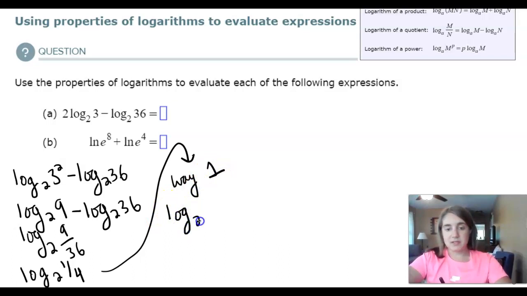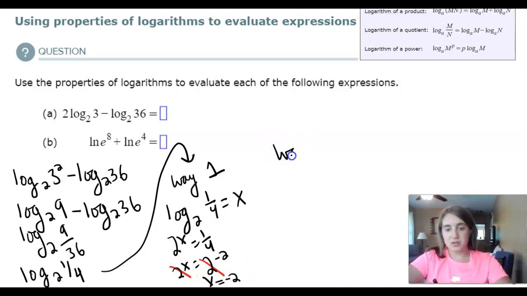I think log base 2 of 1/4 equals x. 2 to what equals 1/4. I know 1/4 is the same as 2 to the negative 2. So I get x equals negative 2.